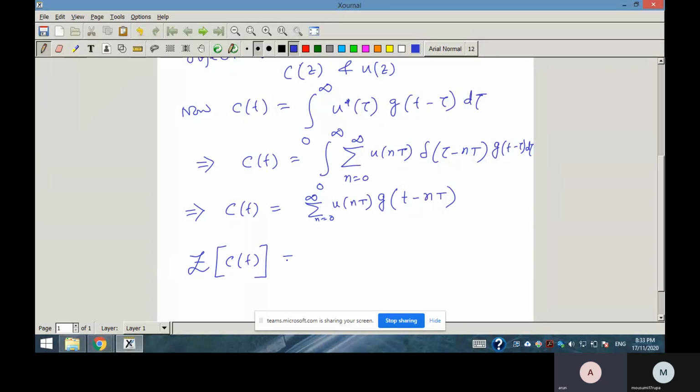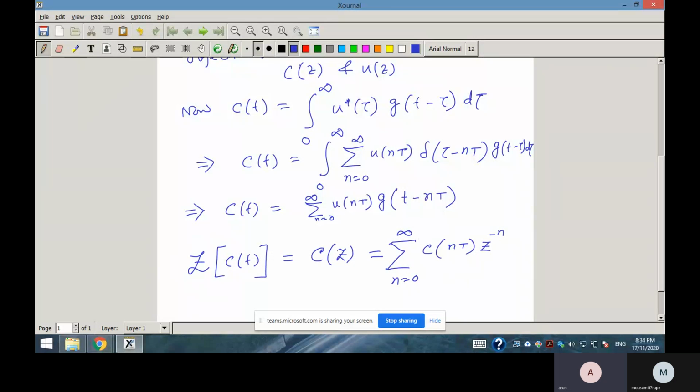This is the definition. This is equal to C(z), which is the summation for n equal to 0 to infinity of c(nT) into z to the power of minus n. So this is the definition of the Z transformation.